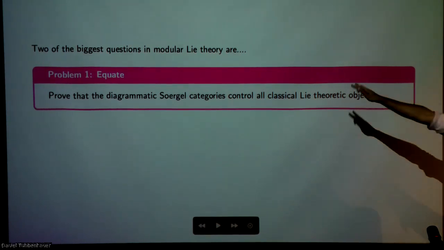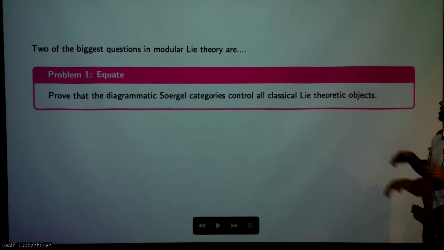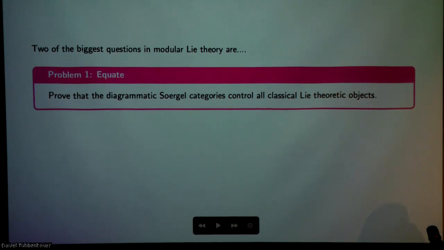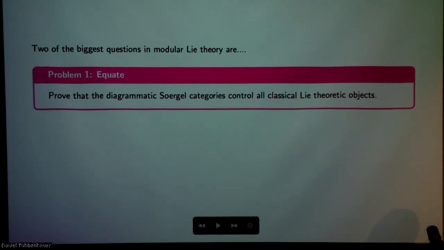Sometimes I call these a lot of different things, basically because I want to tell you later that the Hecke categories control the Hecke algebra, which just seems stupid. But diagrammatic Zergel categories or Hecke categories, if you can prove that they not only are interesting in their own right, but they control everything else in Lie theory, well, then that's even more reason to study them.